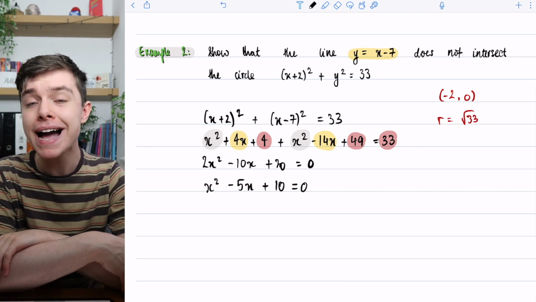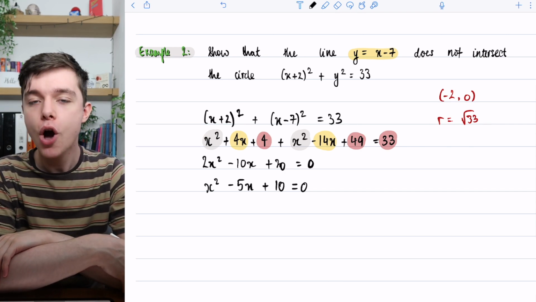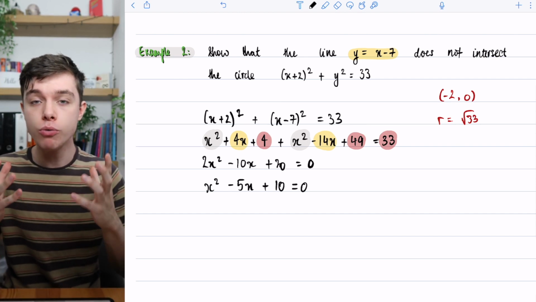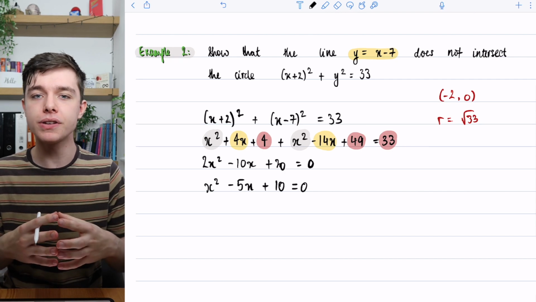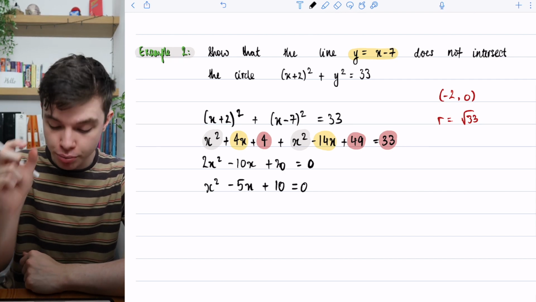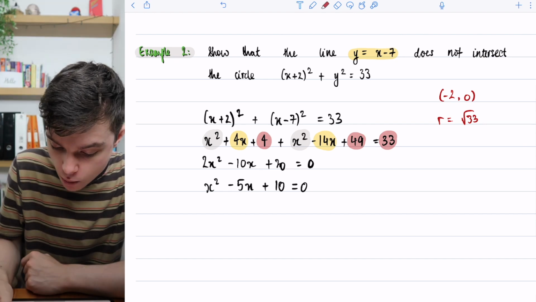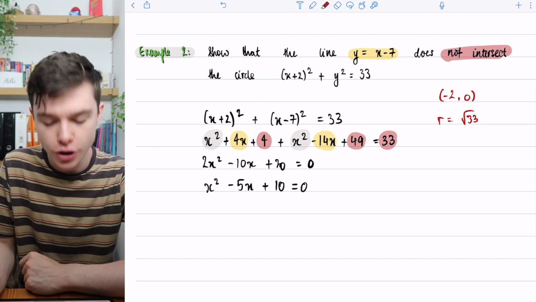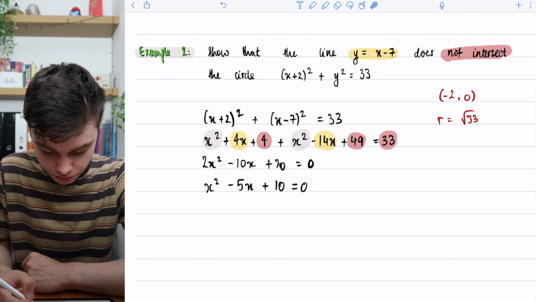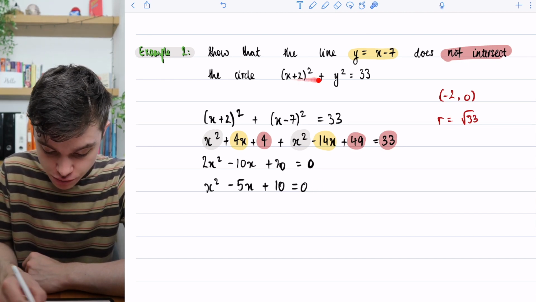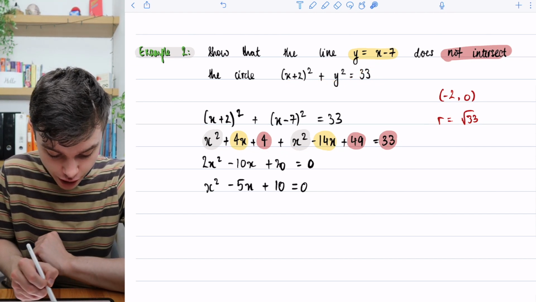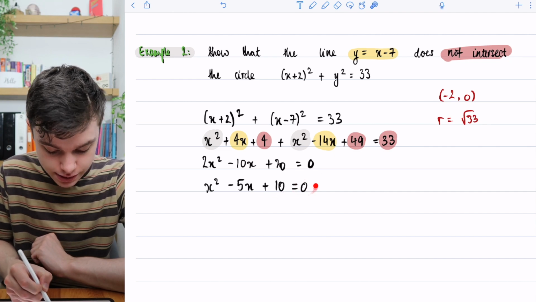If we think back to the discriminant, we can use the discriminant to help us. The reason I go to the discriminant here is not because I've just plucked it out of thin air. It's because we are trying to prove that there is no intersection point, so in other words, there's no solution to this quadratic. When we substitute, and move everything over, we get this quadratic equal to 0.